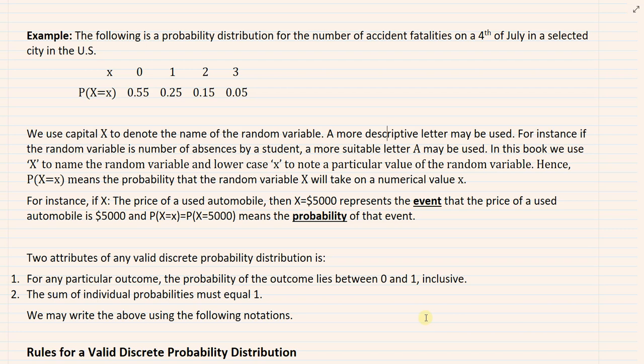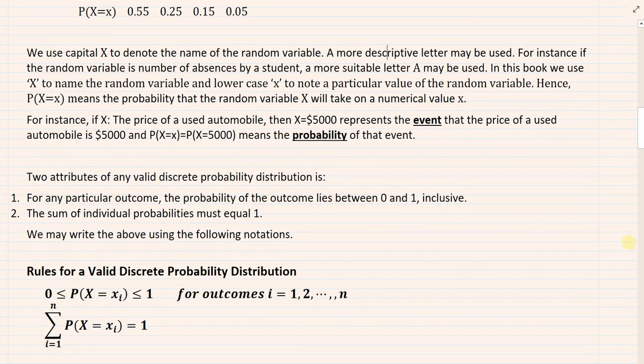Okay, so here I have the rules for a valid probability distribution. One, individual probabilities for a given outcome must be between 0 and 1, and here I have outcomes 1, 2, 3, and so on, all the way up to the nth outcome, whatever that might be. And two, the sum of the probabilities must be 1.